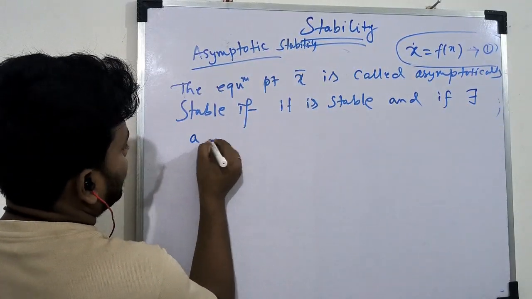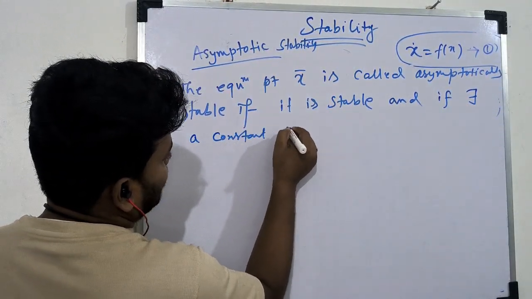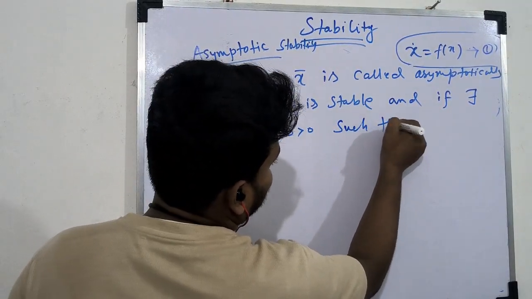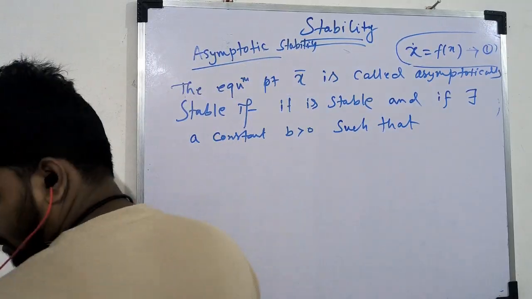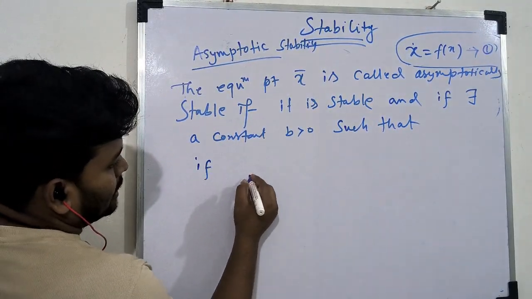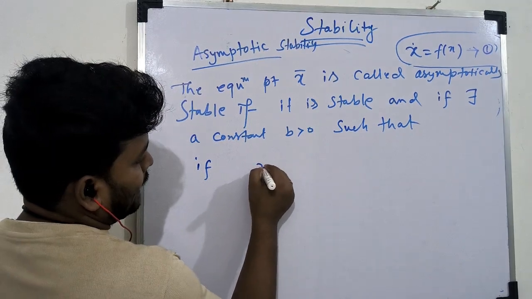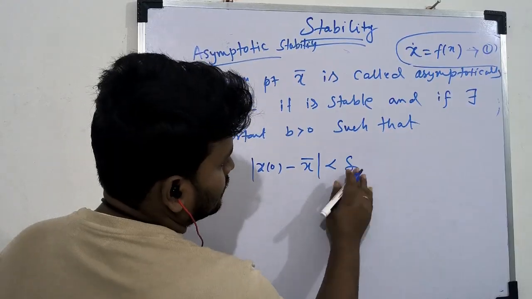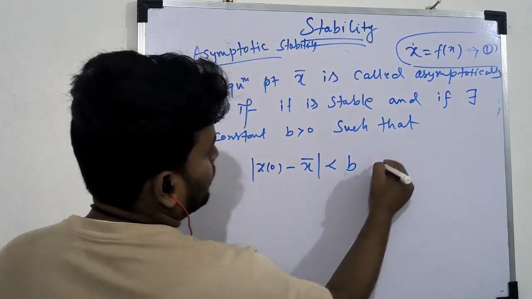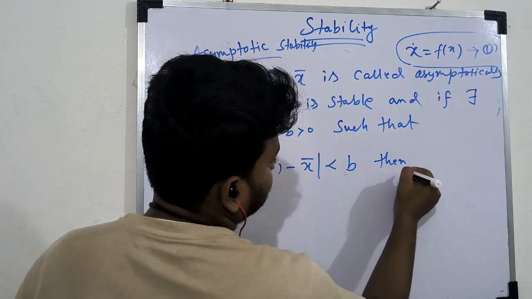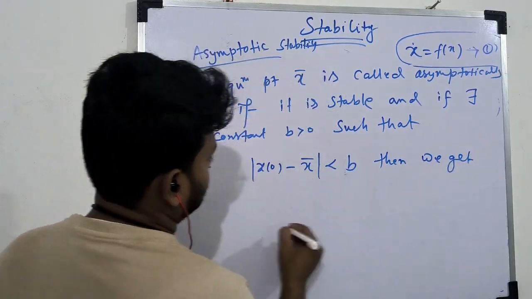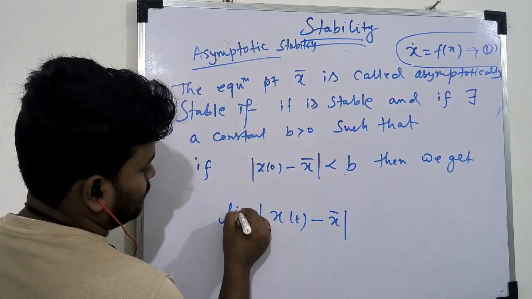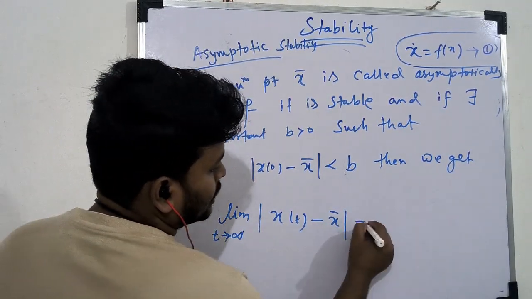there exists a constant b, obviously greater than 0, such that if we choose an initial condition x0 such that this is less than b, then we get modulus x(t) minus x bar, limit t tends to infinity, equal to 0.